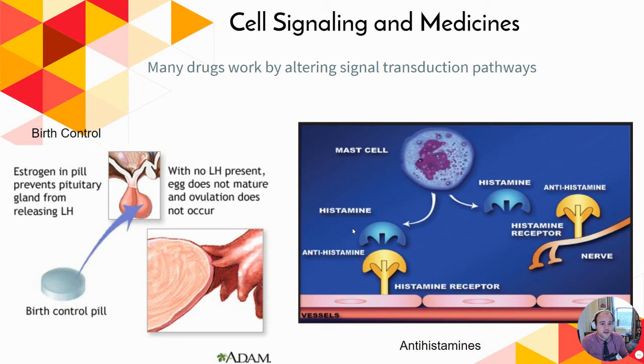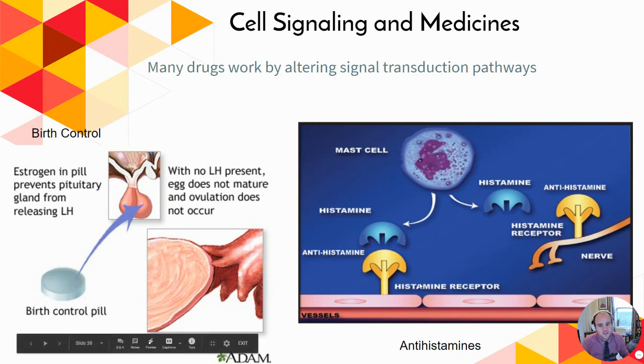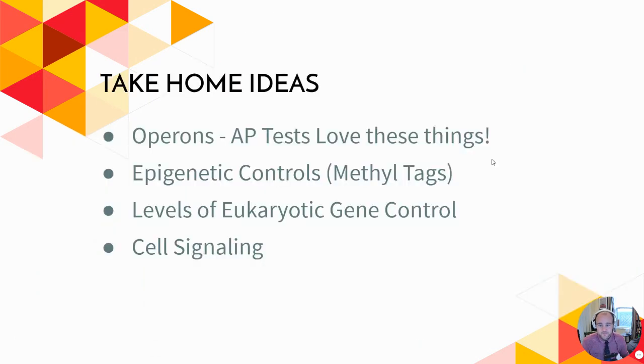Antihistamines, when you have a cold, block a histamine receptor, which signals a whole immune response, so that you don't have that stuffiness and those overwhelming immune responses. By blocking those receptors, we don't have the transduction pathway and we don't have that cellular response. So really cool and practical stuff that we can see there.